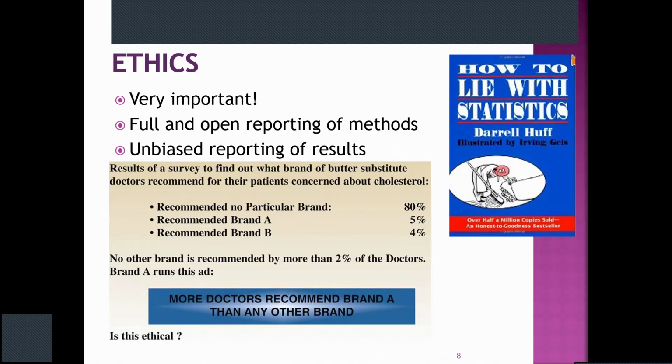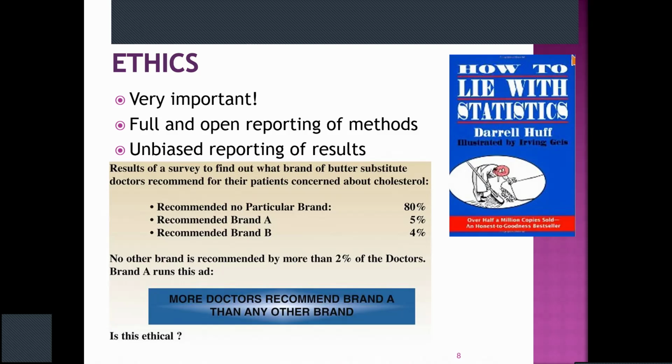So we don't actually want to lie with statistics, and we want to develop good statistical literacy so that when we see a claim, we know how to evaluate it critically. So here's the kind of thing that you might see in an ad, for example. What if people did a survey about butter substitutes, and they want to see what doctors recommend for their patients who are concerned about cholesterol?